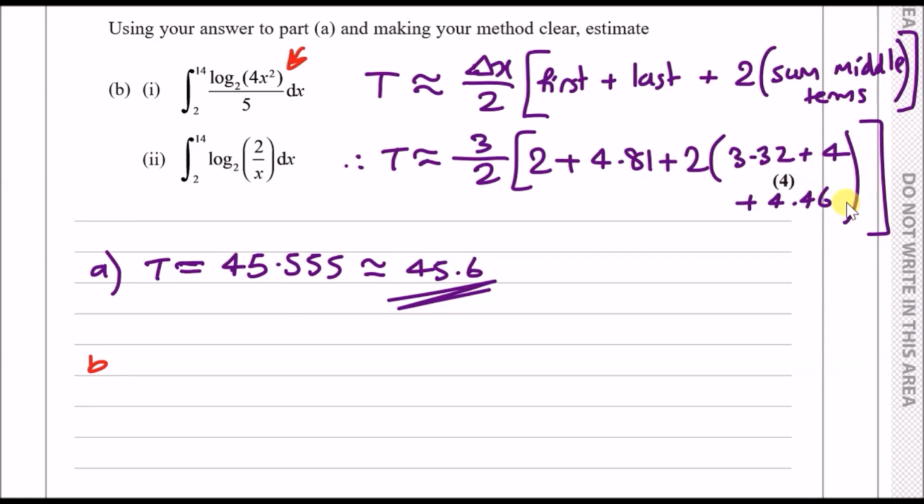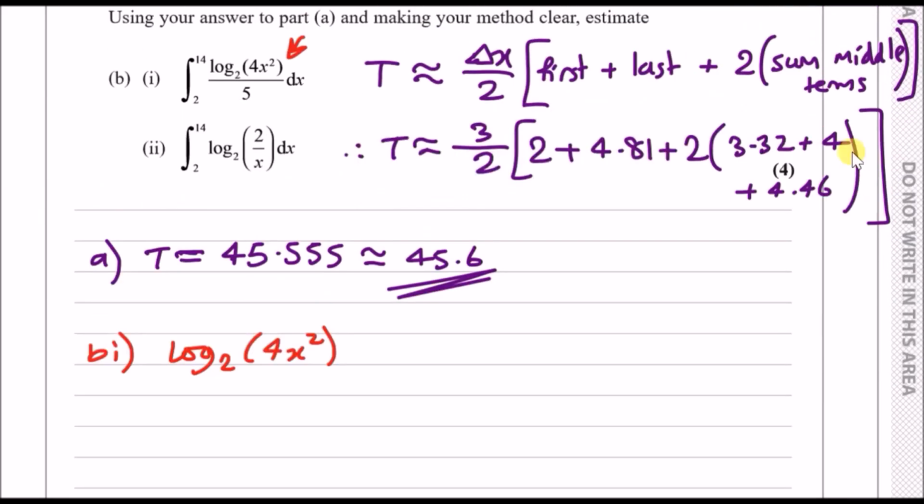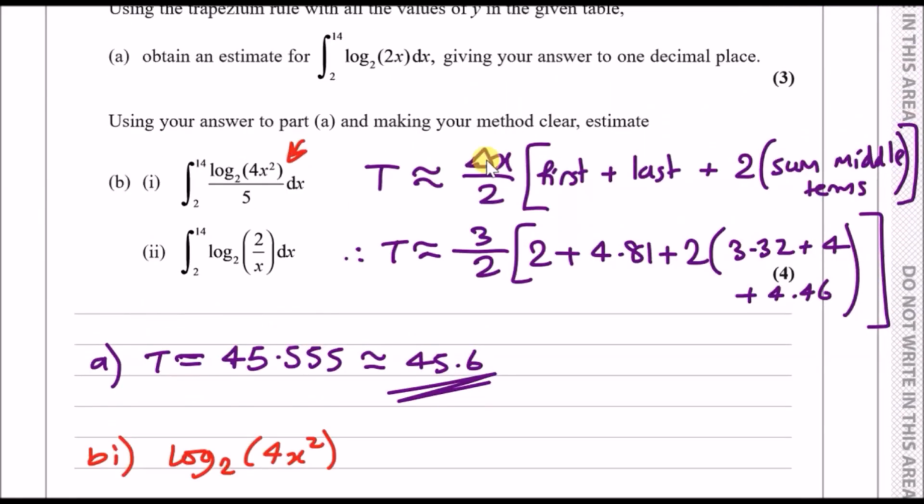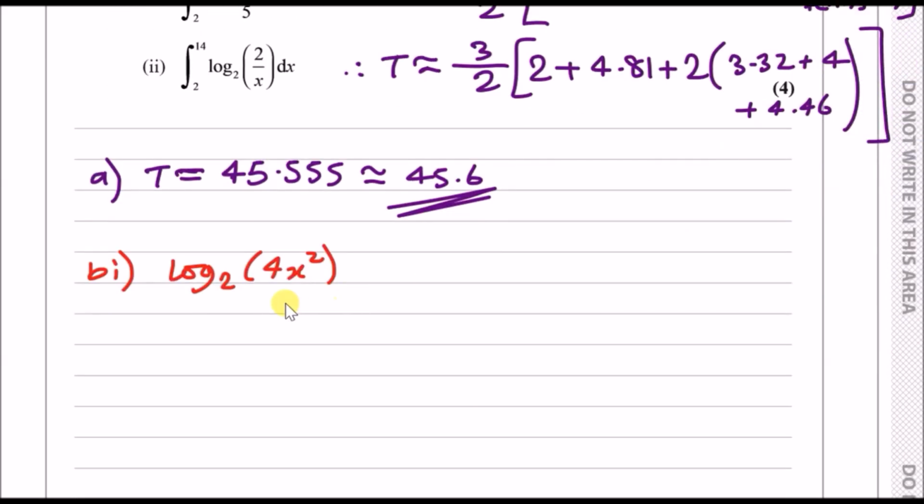So part B i, we've got log 2 of 4x squared. Using some tricks, in order to get this 4x squared into some kind of 2x expression, you might notice that it is actually the square of 2x. So this is pretty much identical to log 2, and if you put a big bracket, essentially 2x all squared.